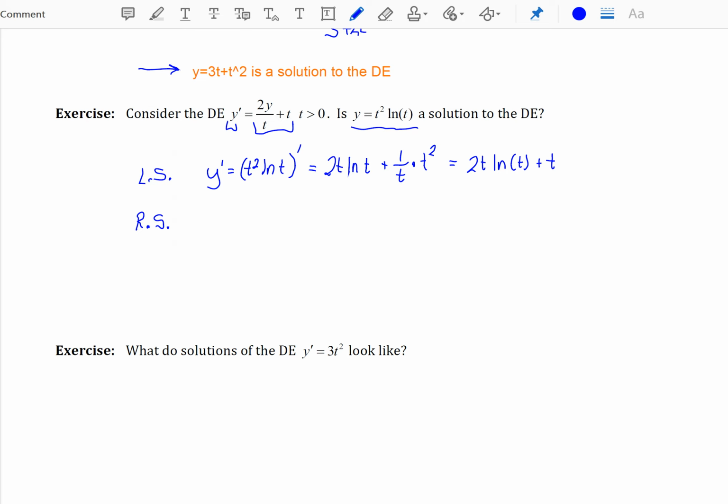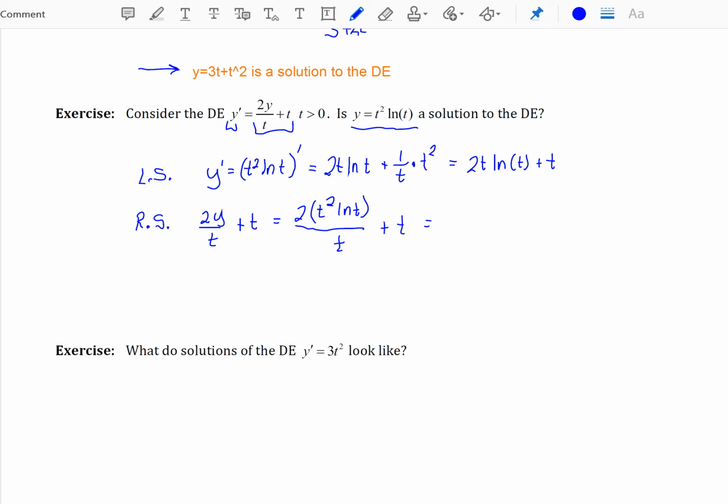Now let's look at the right-hand side. The right-hand side, we have 2y divided by t plus t. And we're going to evaluate this at our proposed solution. So let's replace y with t squared natural log of t, divided by t plus t.